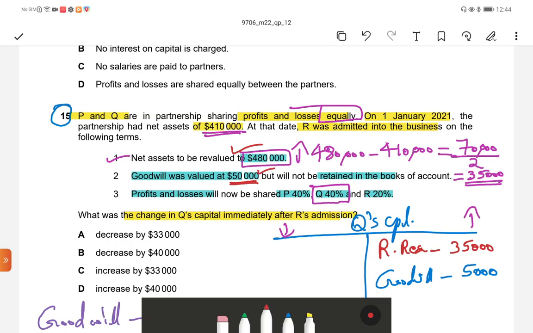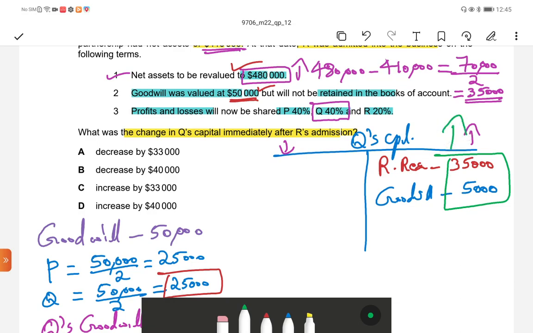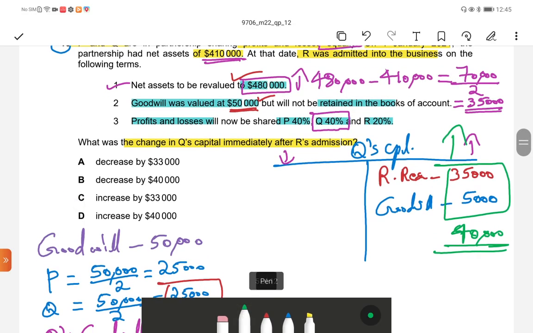So what is the total amount? His capital account will increase because credit side means increase. What is the total? 40,000. Correct answer is increase by 40,000. Option D is the correct answer.